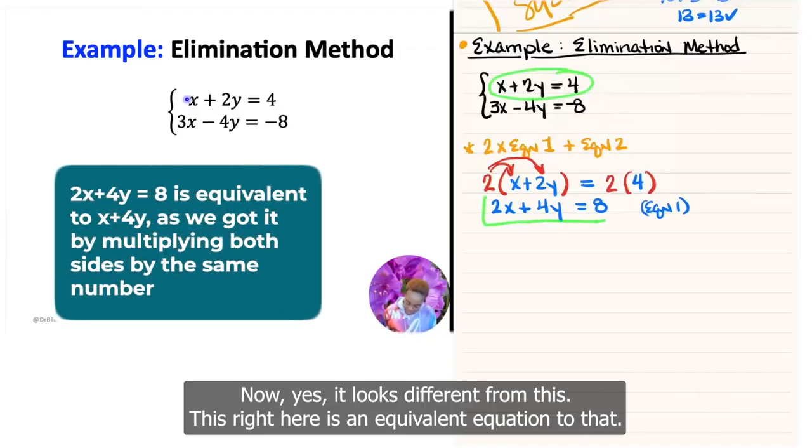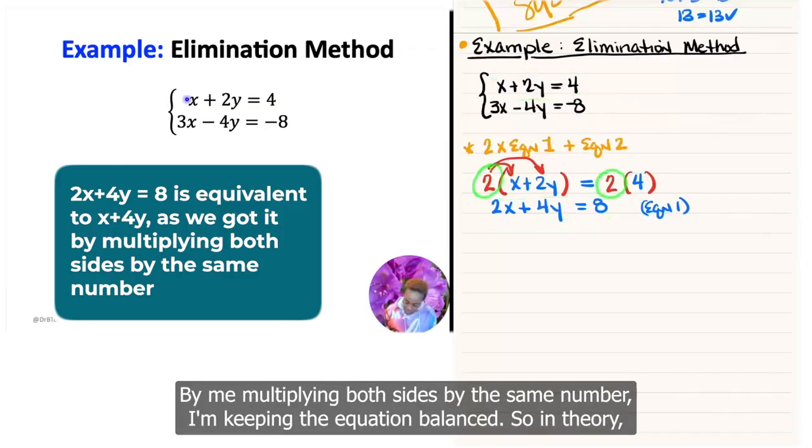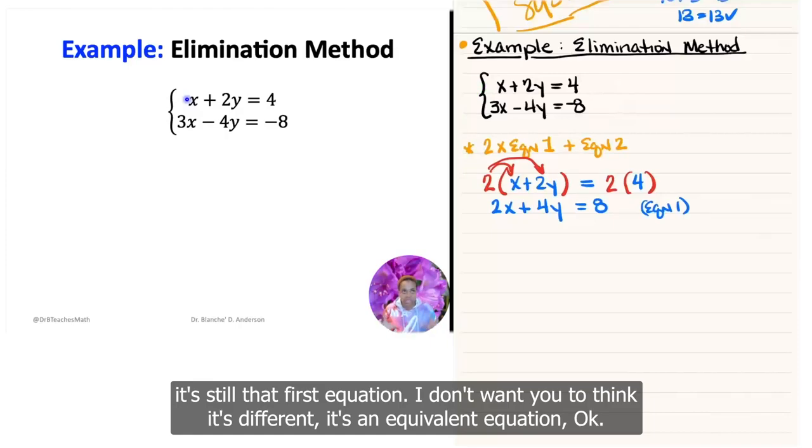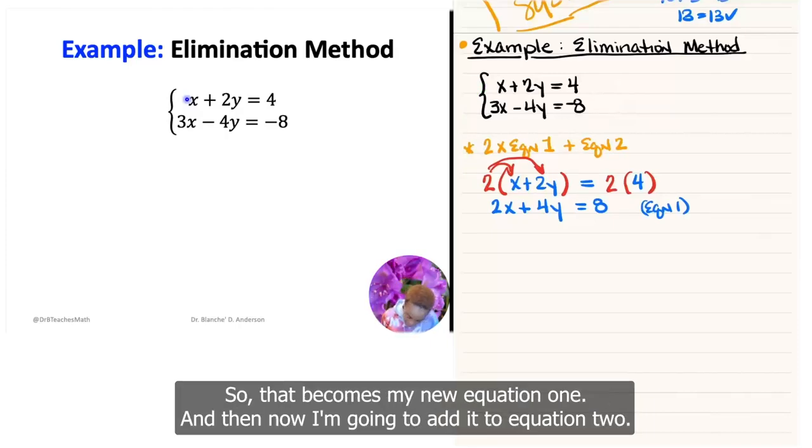This right here is an equivalent equation to that. By me multiplying both sides by the same number, I'm keeping the equation balanced. So in theory, it's still that first equation. It's an equivalent equation, okay? So that becomes my new equation 1.